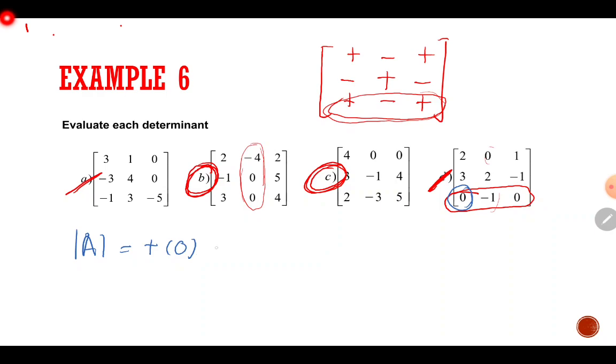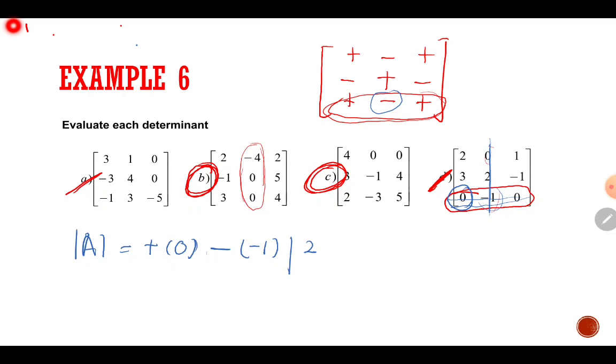Tak payah nak kira apa yang left when we cut third row, first column, because it's already going to be multiplied with 0. And then minus, yang ni kena kira. Minus ni negative kan, so multiply with negative 1 over here. So when we delete the third row, second column, what is left with us is 2.